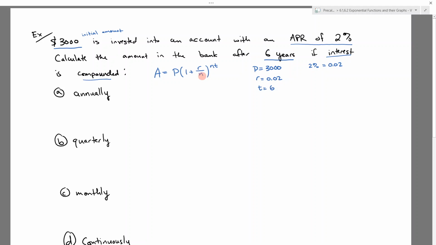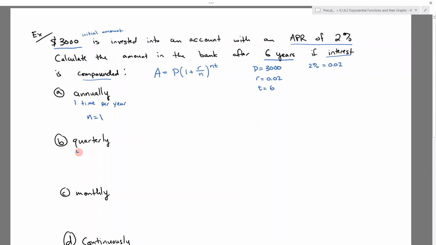Okay, so all that's missing is N, and N is given by each of the different parts. N is how many times it compounds in a year. So annually means 1 time per year, so N is equal to 1.